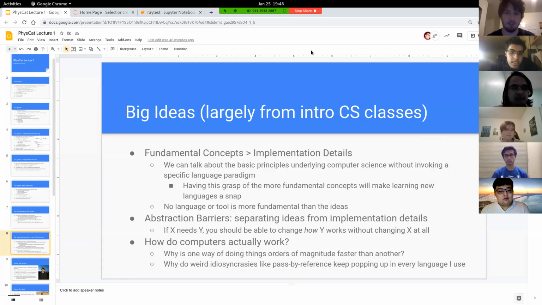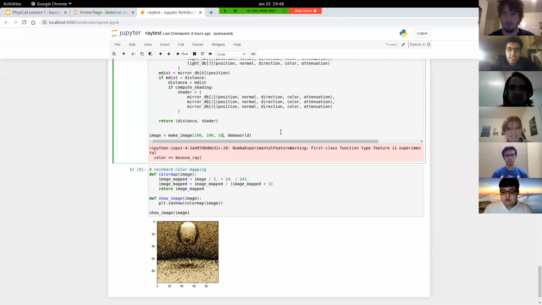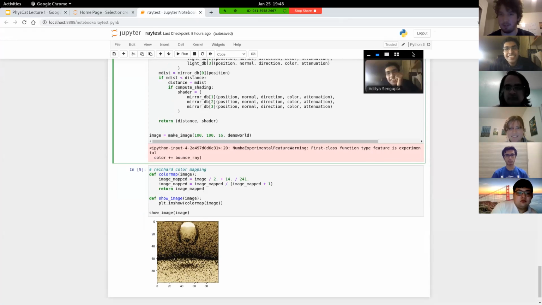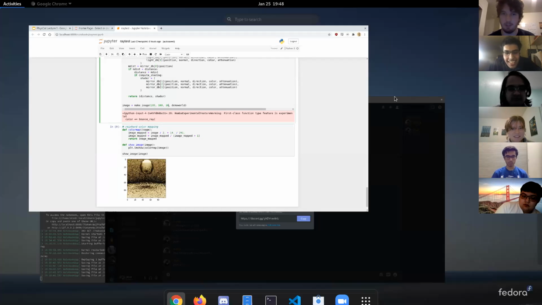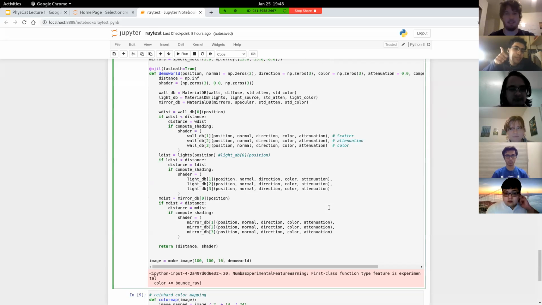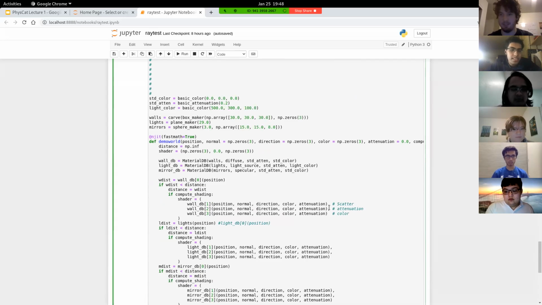Yeah, we see the slides. There's also slight Zoomception. Yes, we see the notebook. Is that all you're seeing? That's all we're seeing. It's fine.